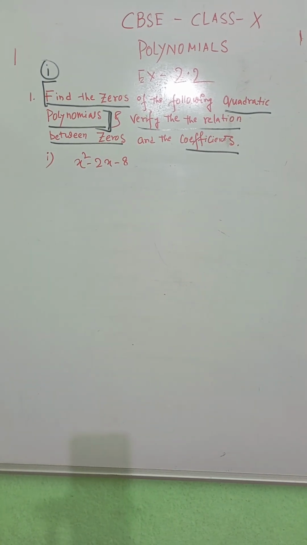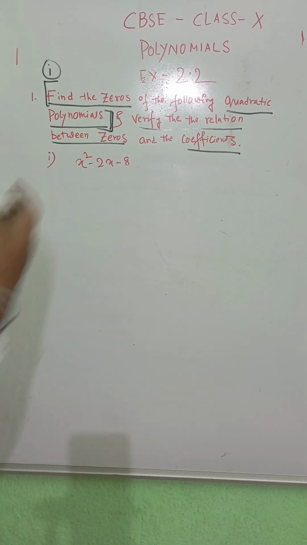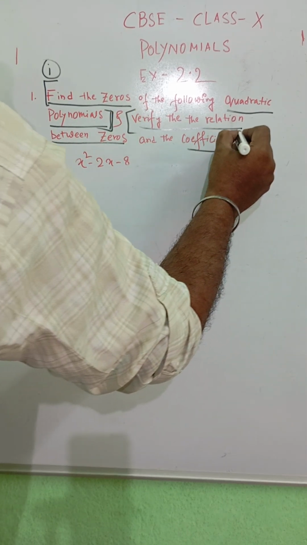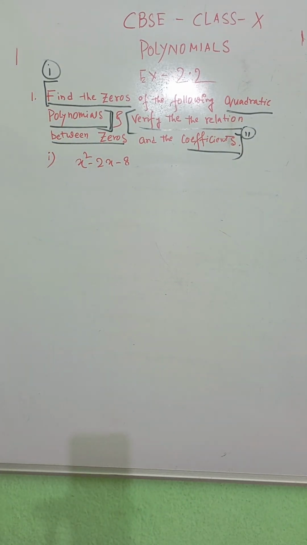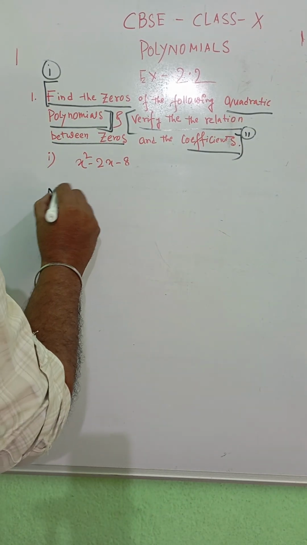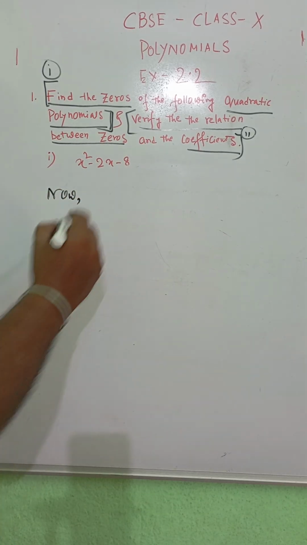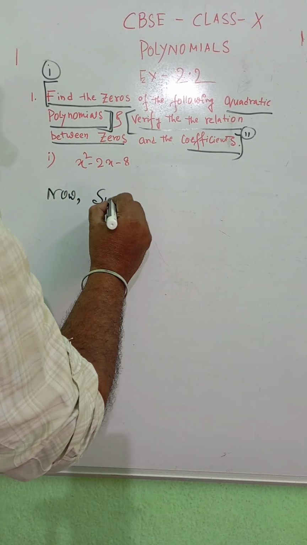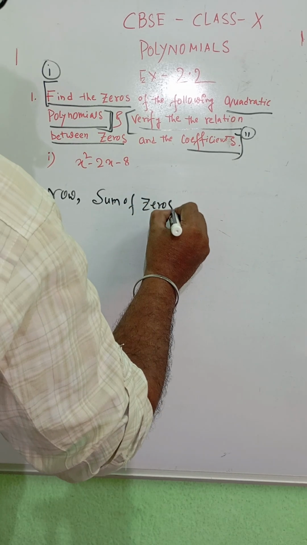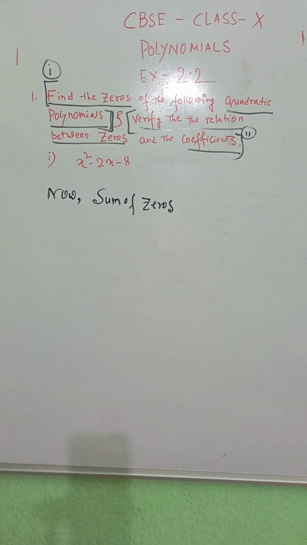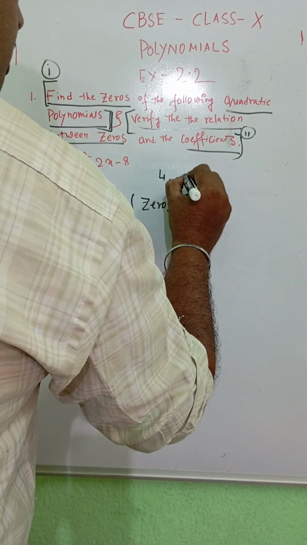Now the second part. Now sum of zeros. What were the zeros? 4 and minus 2.